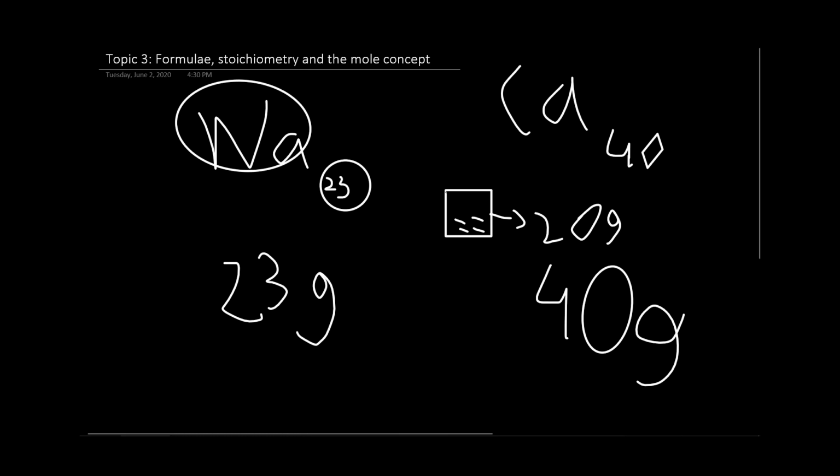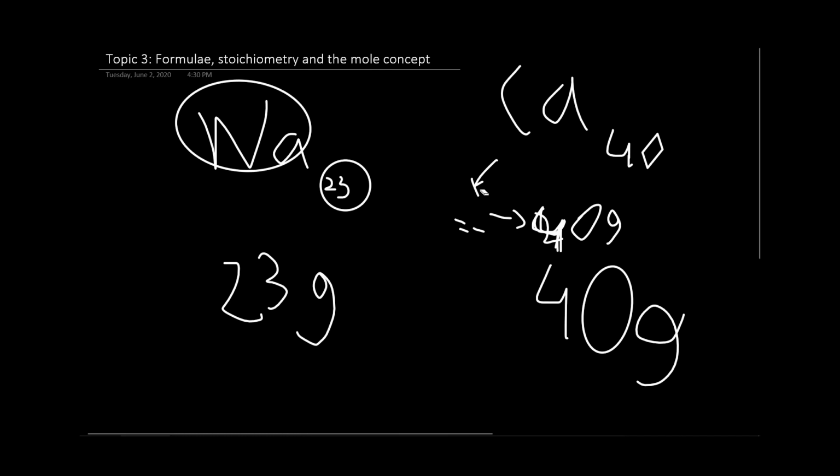When this box, combined with the mass of the nails you put inside, reaches a mass of 20 grams, you will call it 1 mole of box. When this reaches 40 grams, which is twice that number, you'll call it 2 moles of box.